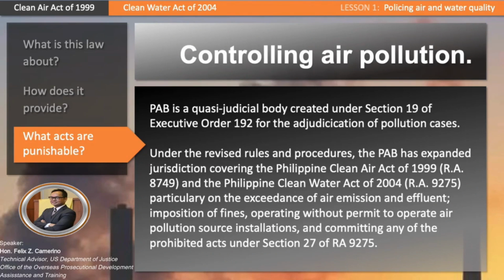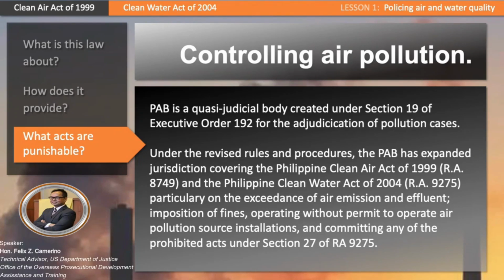There's another instance where the PAB's jurisdiction was expanded, and in fact, the Clean Water Act, this specific act, there's a provision in there that expanded, well, actually, sorry, this wasn't in the Clean Water Act.